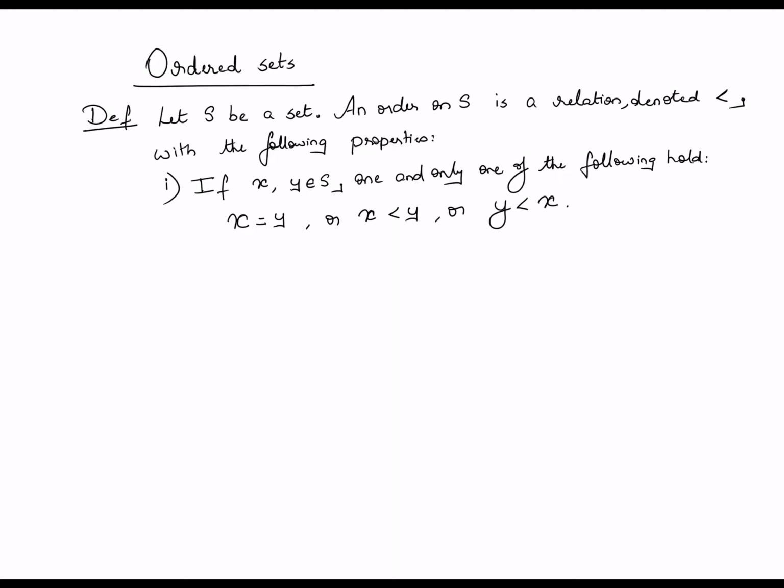True meaning that the relation holds, and false meaning that the relation doesn't hold, right? So when I say x less than y, it means that under the relation that you have defined, when you pass the arguments x comma y in that order, it gives you true. Similarly, if you give y comma x to the same relation, it gives you true. That is what this means.